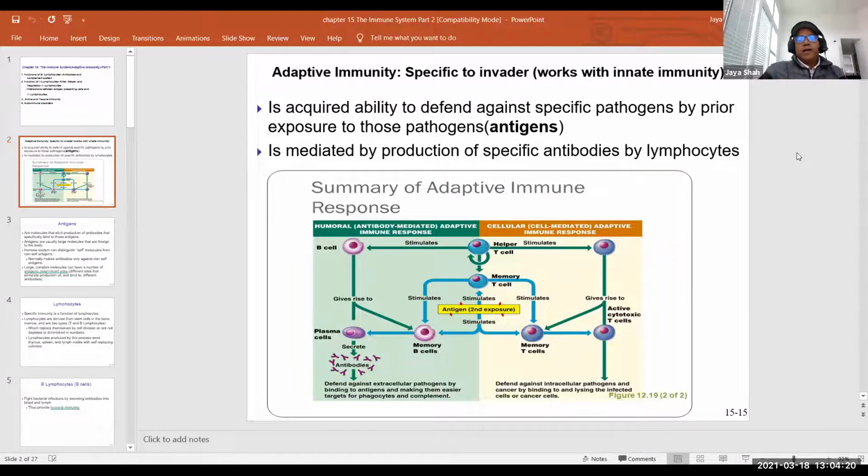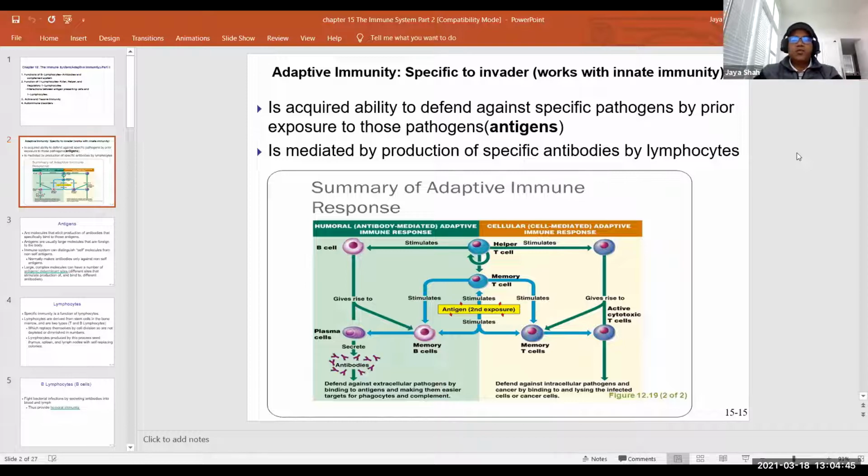That's why we call it adaptive or specific immunity, but specific immunity cannot be produced without the help of innate or natural immunity, okay? Innate immunity. So you will see several places where there is a bridge between the specific and non-specific immunity, yeah?